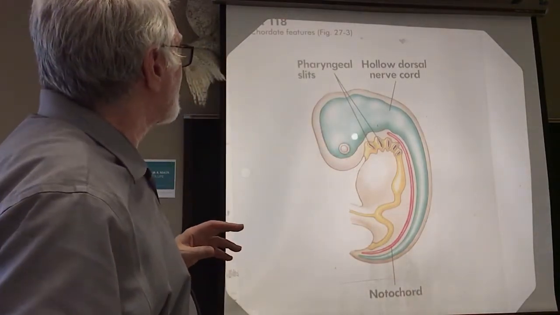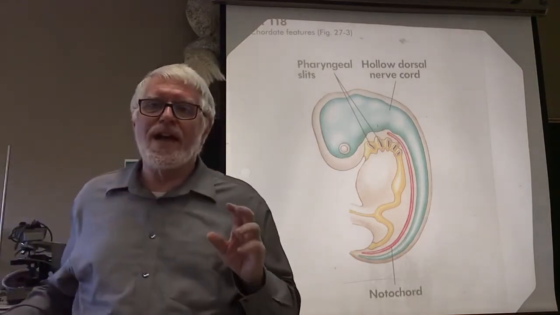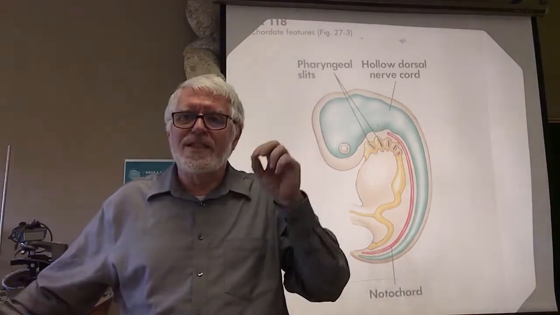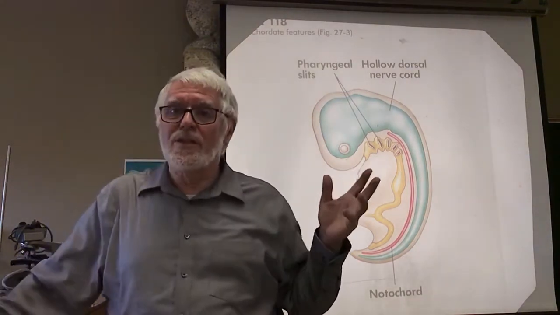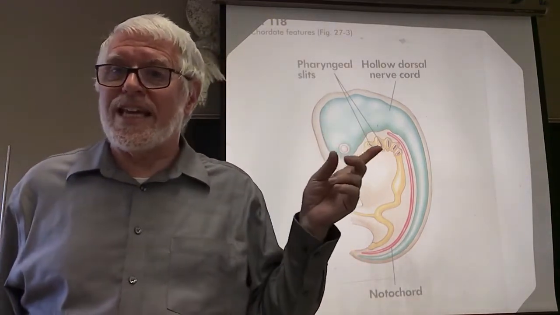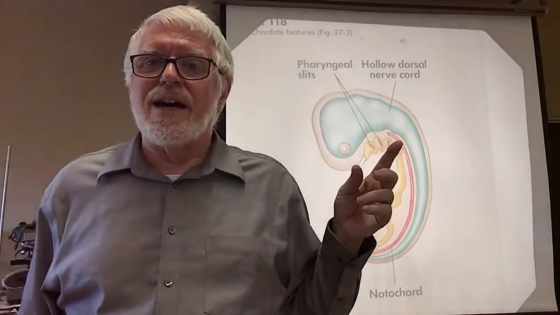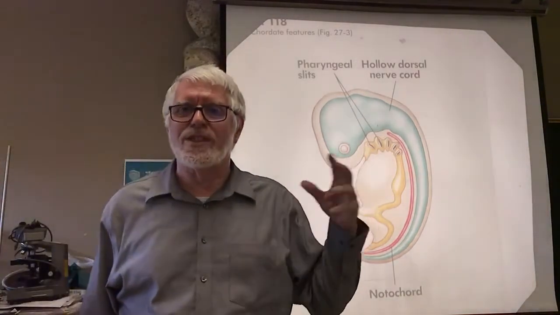And then this is the digestive system. And off of the digestive system, these slits, what they call the pharyngeal slits or the gill slits, form. You had these when you were at this age as an embryo. And there are some structures that are suggestive of gill structures at that stage.